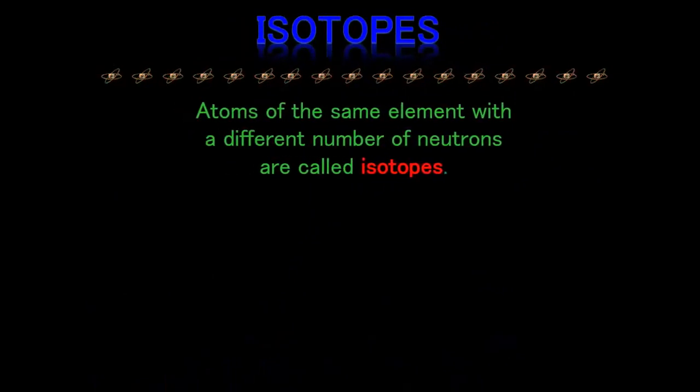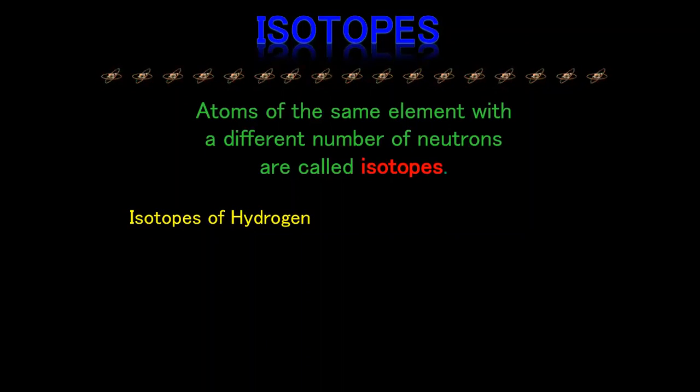Now, isotopes. Atoms of the same element with a different number of neutrons are called isotopes. We're going to talk about the 3 isotopes of the element hydrogen. You cannot look up the isotopes directly in the periodic table.